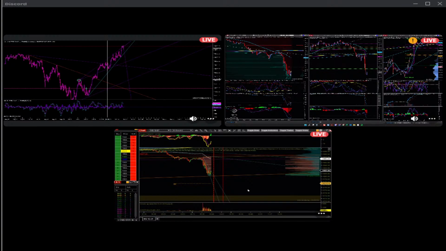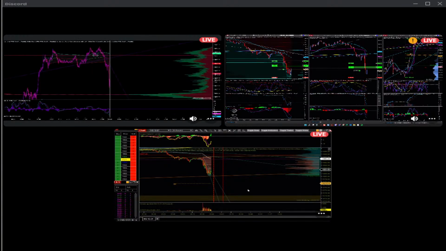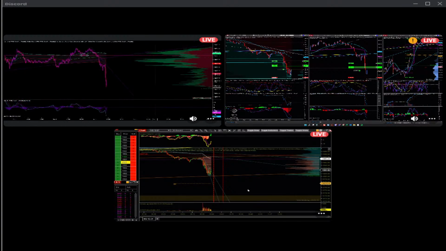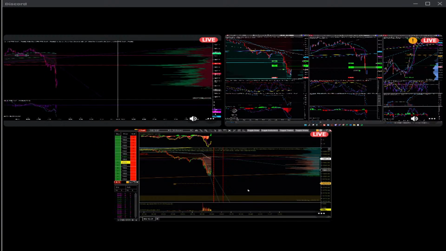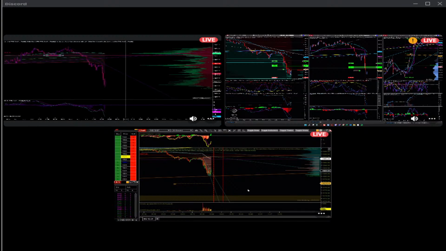I think I'm going to test out a scalp here. The report is at 2 minutes. I probably want to get this to a stop as soon as I can, but I know this report is gonna swing up and down.